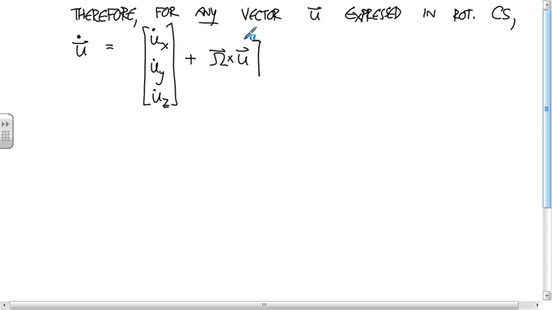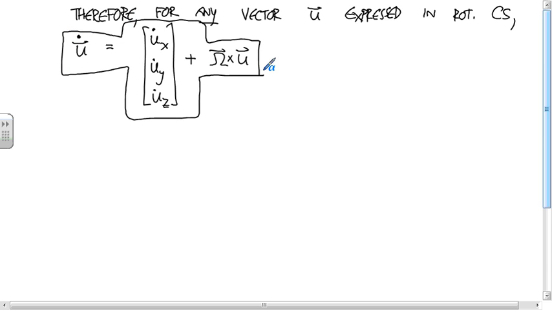Okay, that's the result that we're going to use in kinematics. And you can think of this term here as like a correction term. That's the term that you add on to deal with the fact that your time derivatives are messed up because you're in this rotating coordinate system.